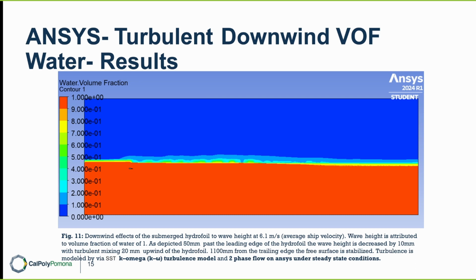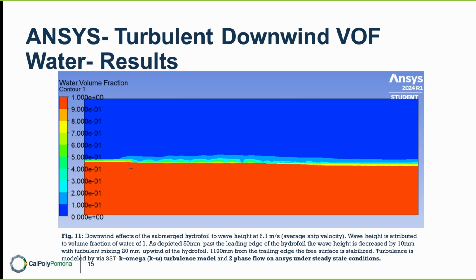What we're looking at here is velocity of 6.1 meters per second, which is considered the average ship velocity. Under the k-omega turbulence model and two-phase flow on ANSYS for steady state conditions, we analyze the turbulent downwind effects.